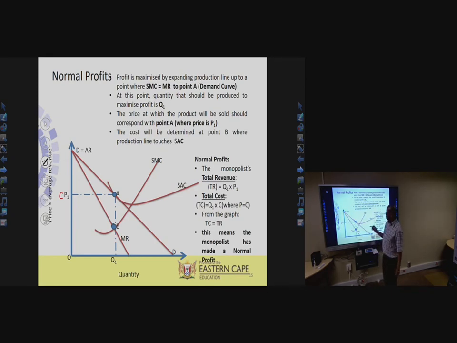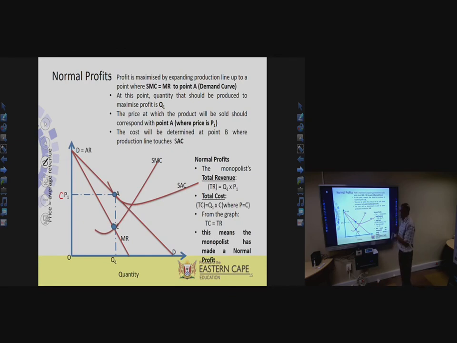Then we move to the demand curve, or your average revenue curve, and we reach point A, because that is where we touch the average revenue curve, or the demand curve. But at that point, we are also touching our AC.